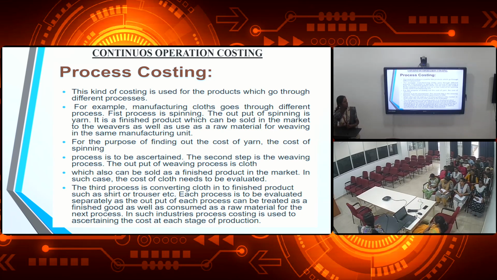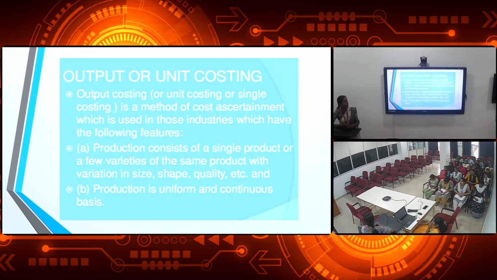Yes. Next one is output or unit costing. Output costing is a method of cost ascertainment used in industries which have the following features. Production consists of a single product or a few varieties of the same product with variation in size, shape, quality, etc. This output costing is used in the garment industry as well.